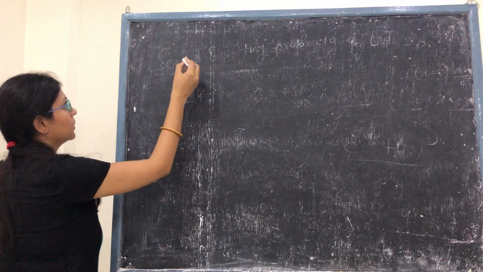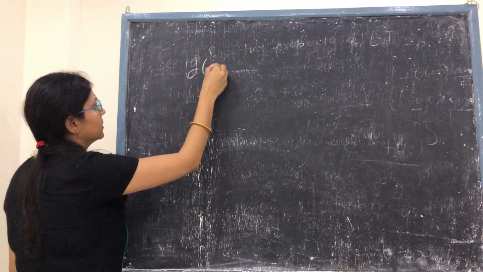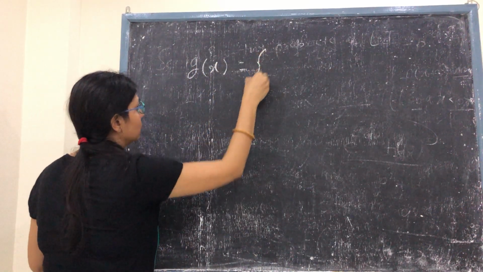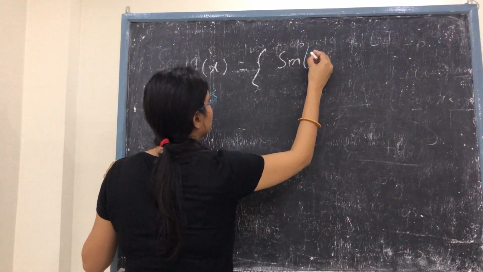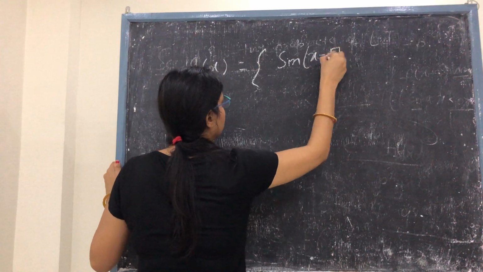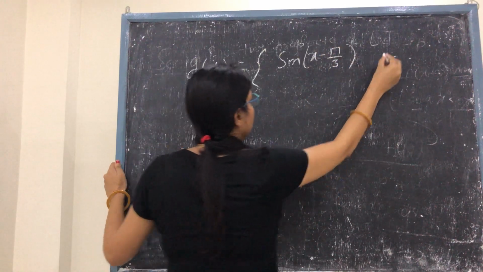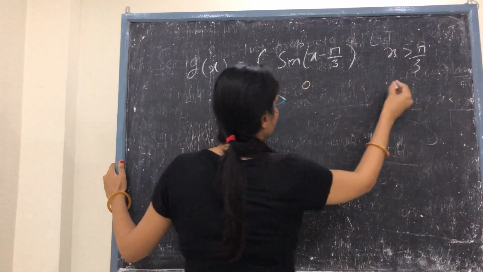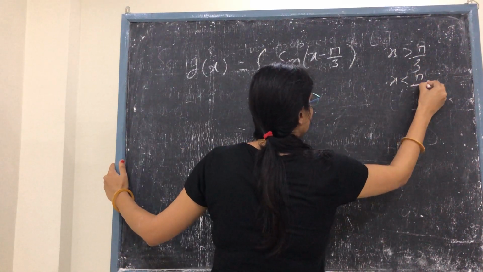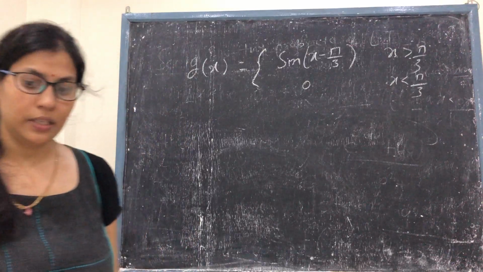Now we are given a function g of x equals sine of x minus pi by 3 when x is greater than pi by 3 and 0 when x is less than pi by 3.